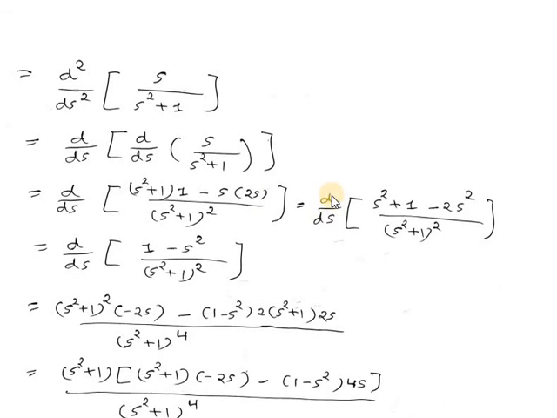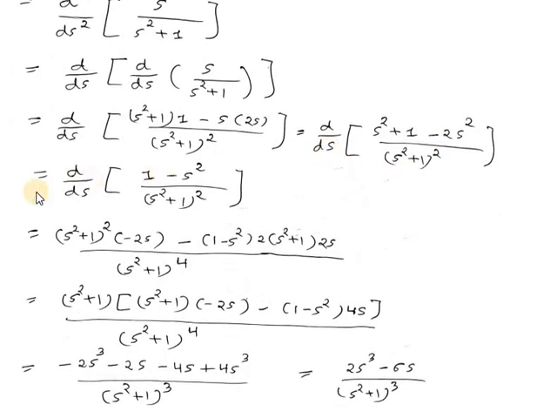So this is equal to d by ds of s square plus 1 minus 2s square divided by s square plus 1 whole square. So this is equal to d by ds of 1 minus s square divided by s square plus 1 whole square. So again we will use u by v rule. So denominator square, so it will be s square plus 1 whole raised to 4.